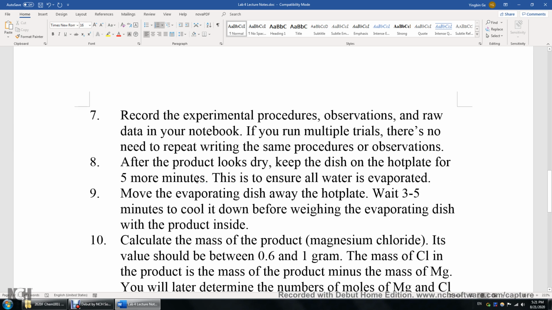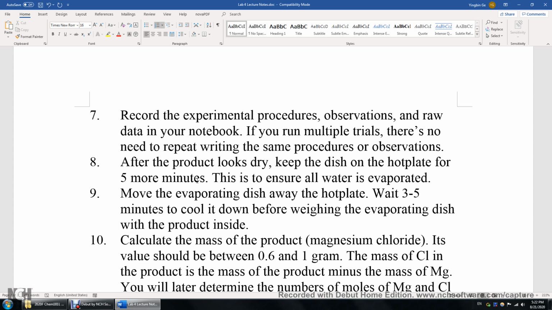After 40 to 45 minutes, the product will look dry. It may be white or a little yellowish because of some impurities. That's fine. Keep the dish on the hot plate for 5 more minutes. At this point, you may set this hot plate to 6 or even 7.